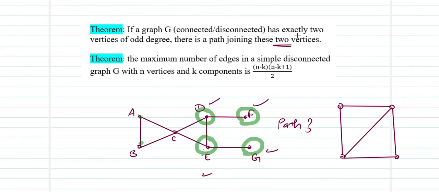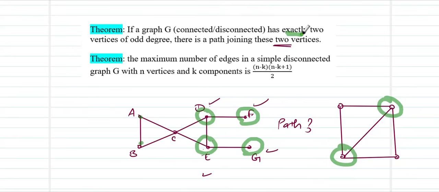So, if you have exactly two vertices of odd degree, there is going to be a path joining these two vertices. Now, over here, obviously there were not exactly 2, but there were 4 and we were able to find a path. Now, if it is restricted to just 2, will there again be a path of such kind? Yes, we will see. This graph has over here degree 3 and over here also degree equal to 3.